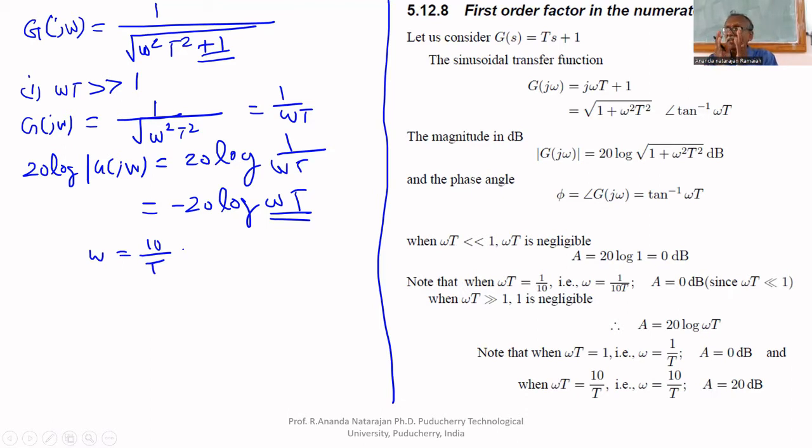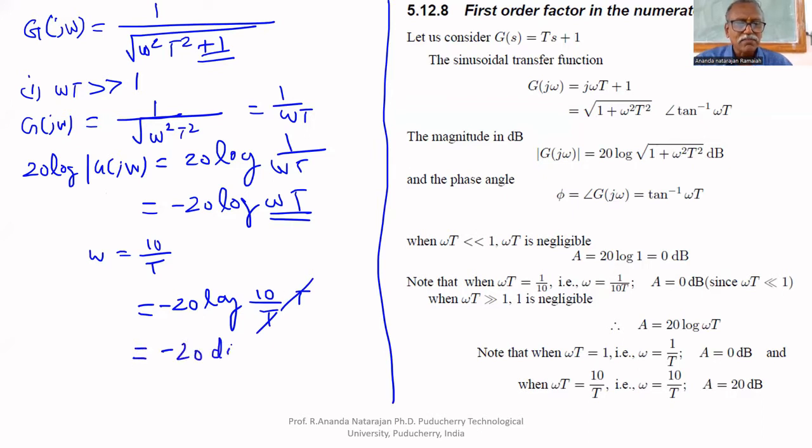I said 1 by tau is the corner frequency, and we are moving away from that point, 10 times, to 10 by tau. If you substitute omega equals 10 by tau, this value equals minus 20 log 10 by tau multiplied by tau, the tau getting cancelled. Log 10 equals 1. Therefore, minus 20 dB.